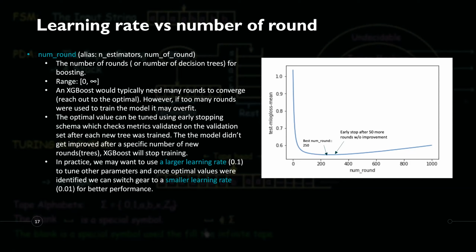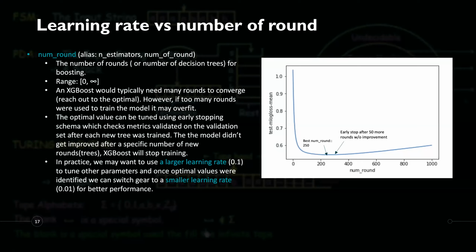On the right-hand side, I included a diagram to demonstrate the relationship between the number of rounds and the score on the validation data set. In our case, the metric is log loss. For log loss, the less the better.